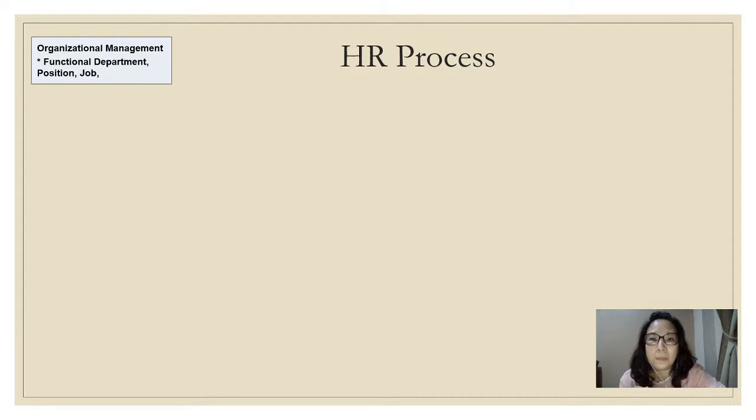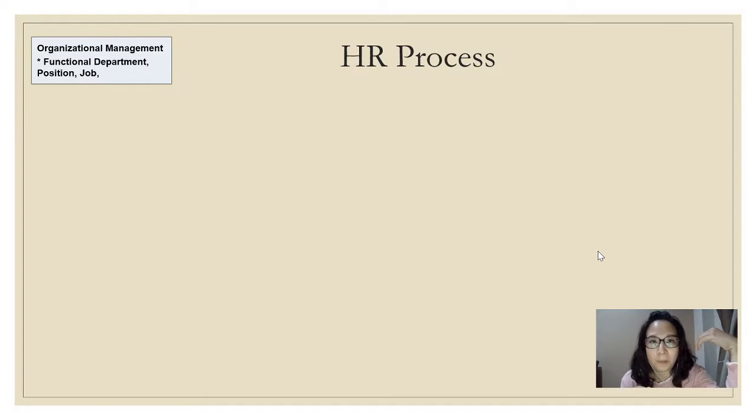And then the position is actually to define the structural, like the director, the assistant director, the manager, the supervisor, the staff, and so on. So that's what we call the position.